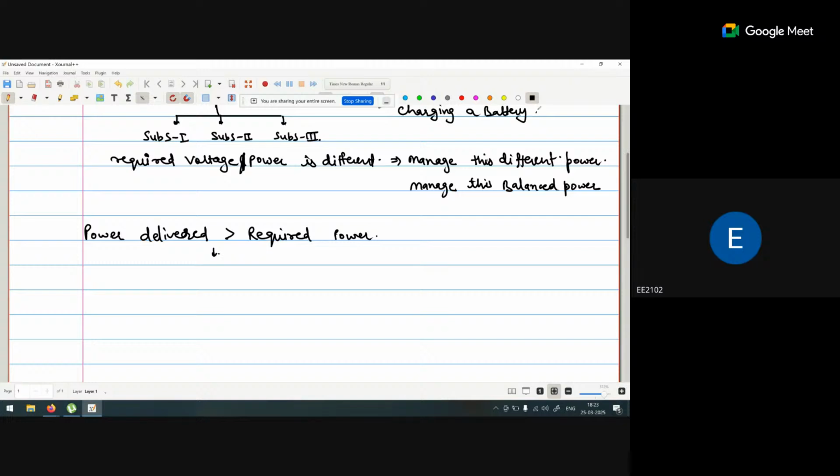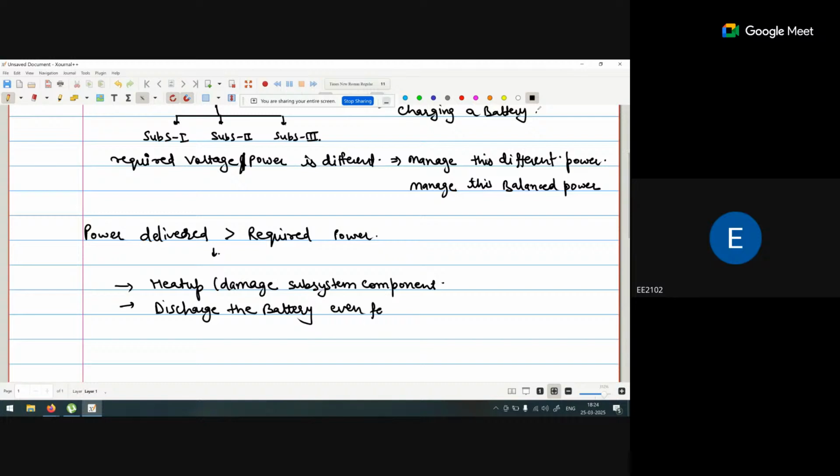One, heat up, that will damage the subsystem components. And second, it discharges the battery even faster. So these are the two particular problems when we deliver excess power.